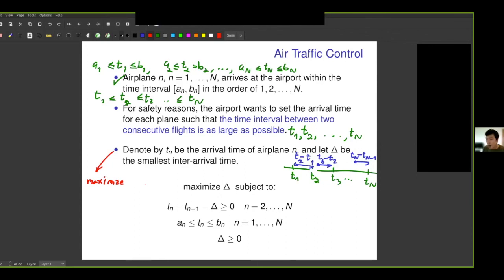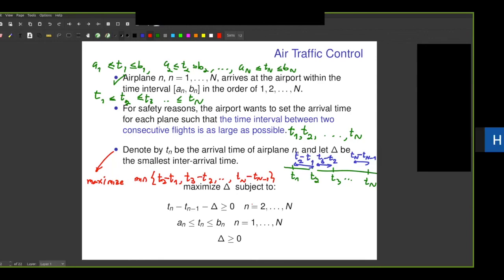Because if the smallest inter-arrival time is large, if the smallest gap is big, then that means all the gaps must also be big. So what I would like to propose is to maximize the smallest number among T2 minus T1, T3 minus T2, so on and so forth until TN minus TN minus 1. So I want this smallest gap to be large, and I want to maximize this objective function.